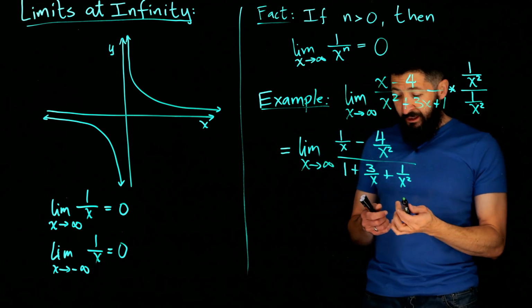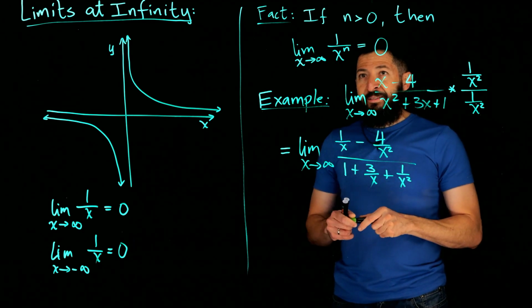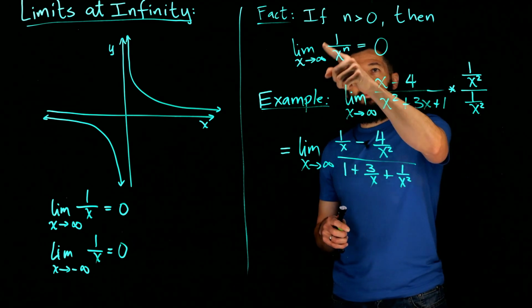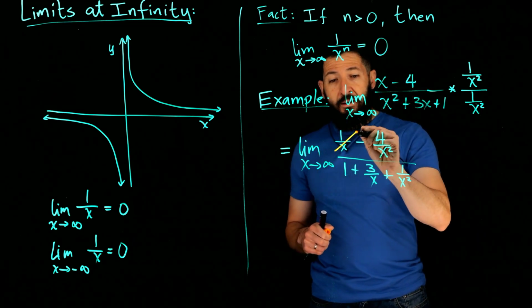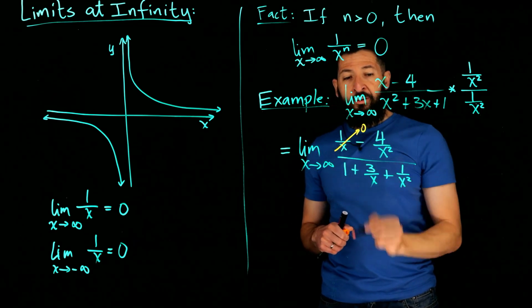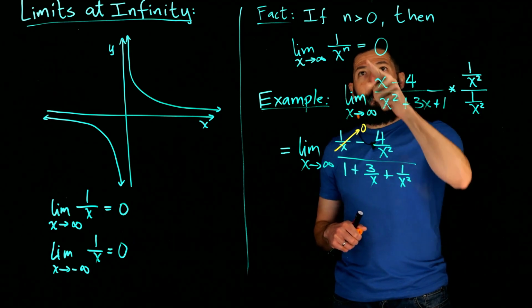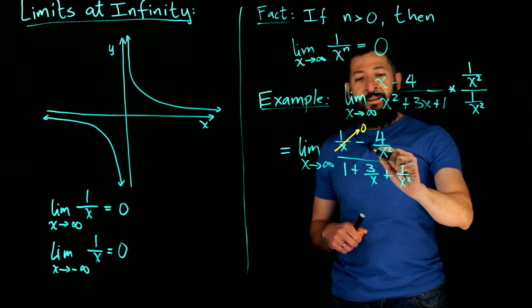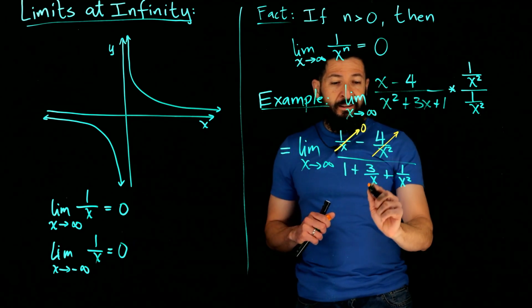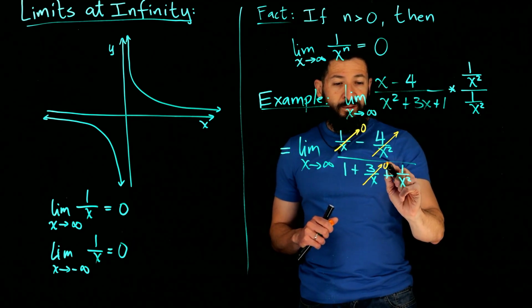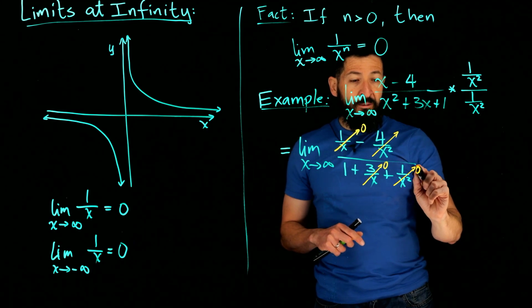Now at this point, I will use my fact to eliminate all of the expressions of this form and make them 0. This one is 0 because it's 1 over x. 1 over x squared, n is equal to 2, which is greater than 0. Good enough, it goes. Now here, 1 stays. This becomes 0. And this becomes 0.